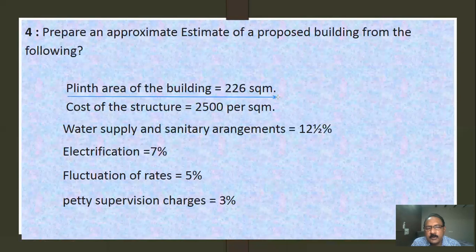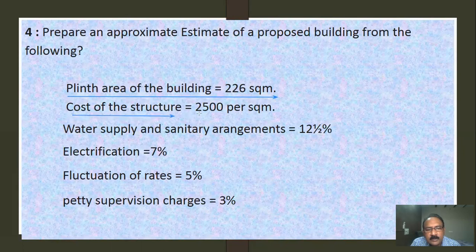What is the cost of the construction per square meter? Here for 1 square meter, the cost of construction is rupees 2500 per square meter. This is available from local area rates.